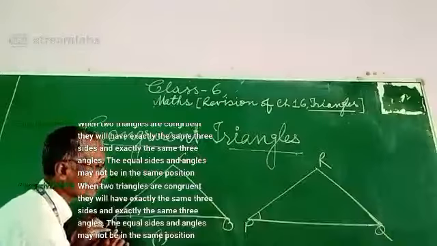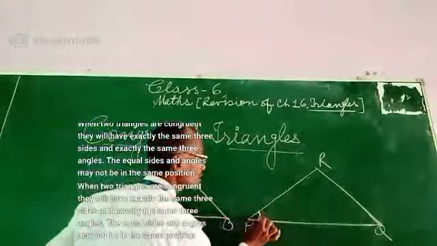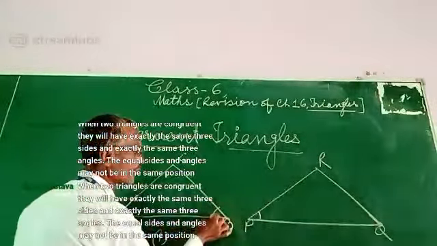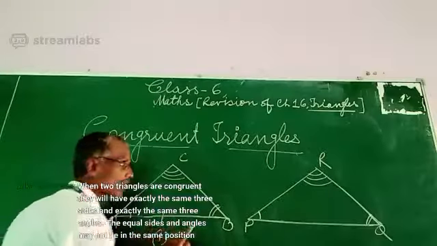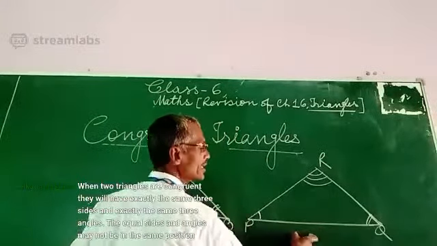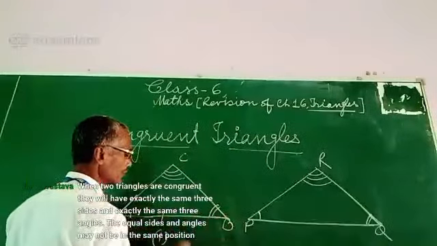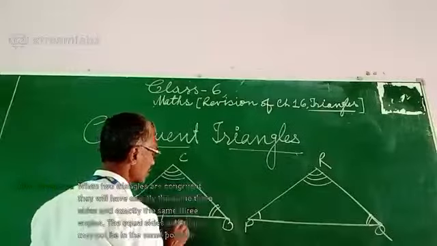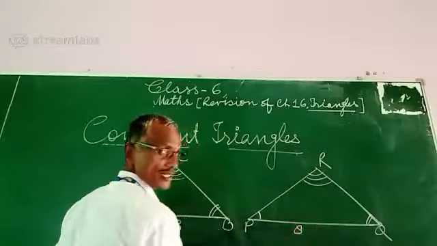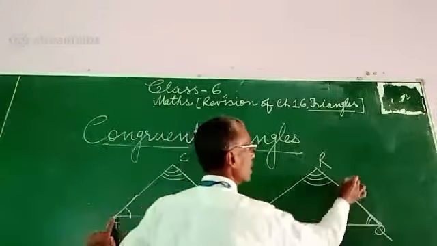Corresponding angles means the measure of angle A must be equal to the measure of angle P, the measure of angle B must be equal to the measure of angle Q, and the measure of angle C equal to the measure of angle R. And the lengths of the corresponding sides of one triangle are equal to the lengths of the sides of the other. If the length of AB is 6 cm, the corresponding side should also be 6 cm, and if it is 8 cm, it will be 8 cm.